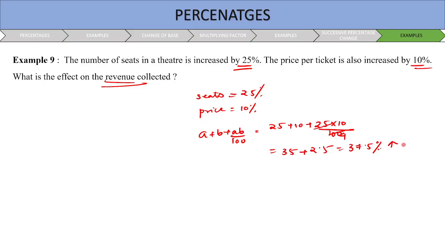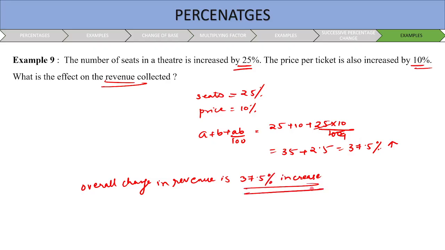So you can write that the overall change in revenue is 37.5 percentage increase. I hope this is clear. You have to use the formula and get towards the answer.